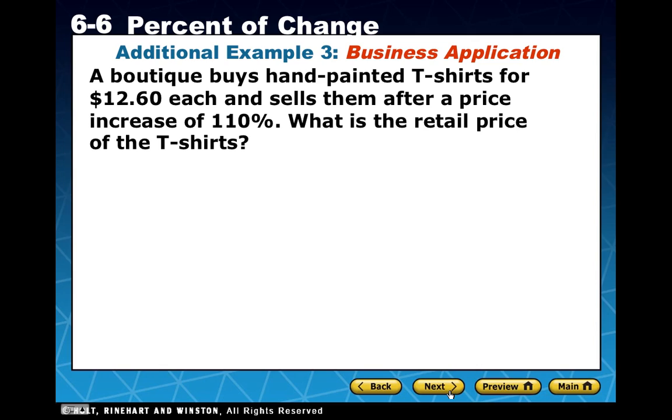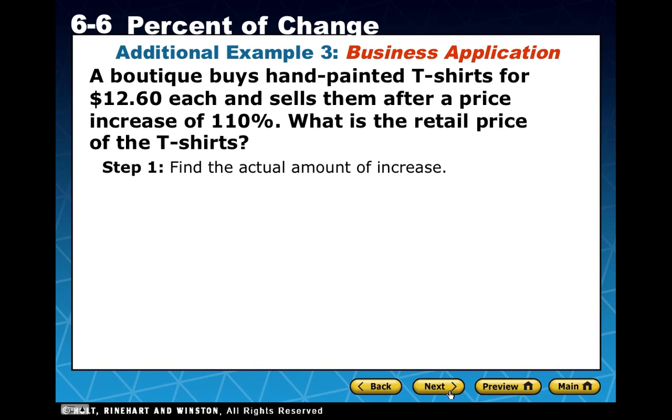Alright, a boutique sells hand-painted t-shirts for $12.60 each and sells them after a price increase of 110%. What is the retail price? So this is what stores do. Stores buy their stuff from somebody and then they hike up the price so they can make some money off of it. So the retail price is what we would pay.